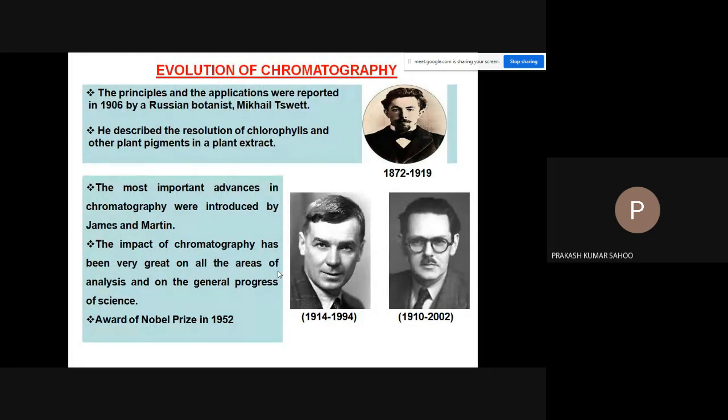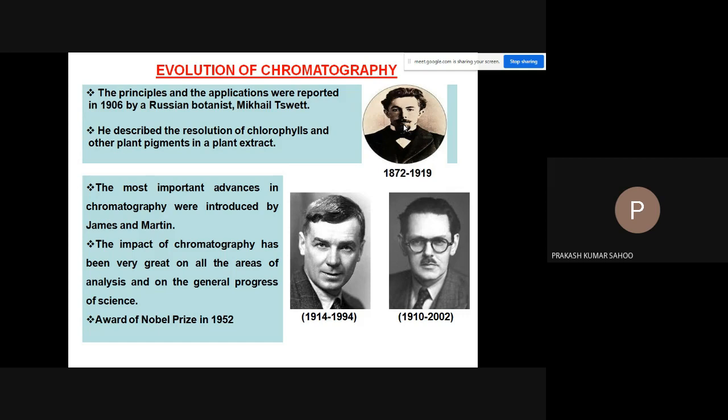Then we have the evolution of chromatography. How was this process developed, or where did it start? This process was reported by a Russian botanist, Mikhail Sweat. This is his picture, and in 1906 he was the first to make observations in chromatography.